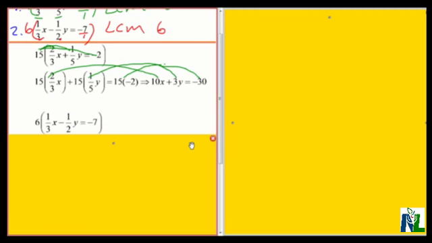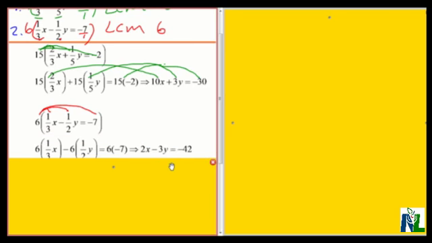The second equation is multiplied by 6. All three terms get multiplied by 6. So I'll get 6 times 1/3 x minus 6 times 1/2 y equals 6 times -7. 6 times 1/3 x is 2x, minus 6 times 1/2 y is 3y, equals 6 times -7 is -42.